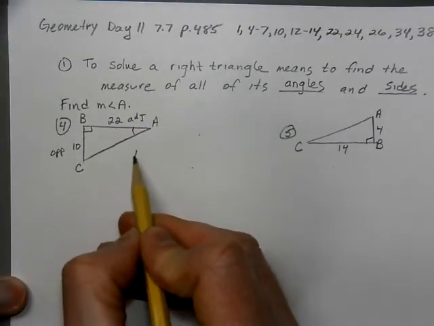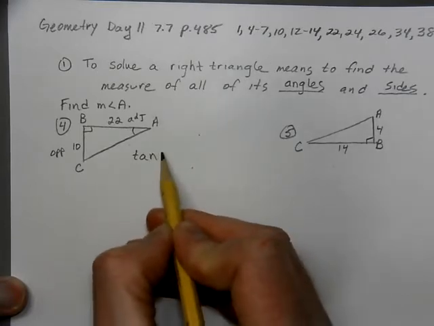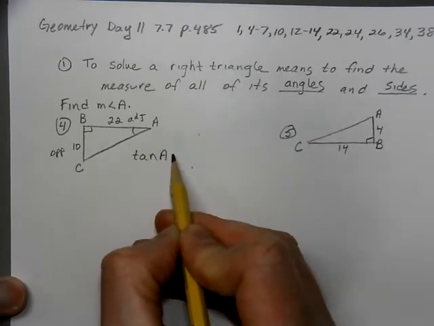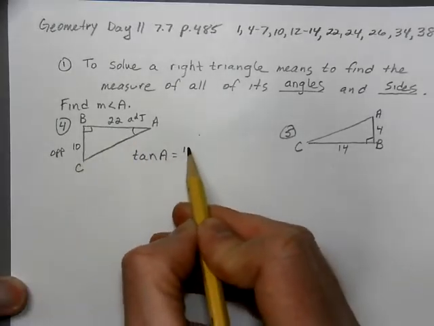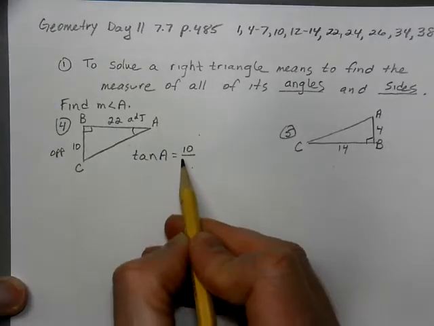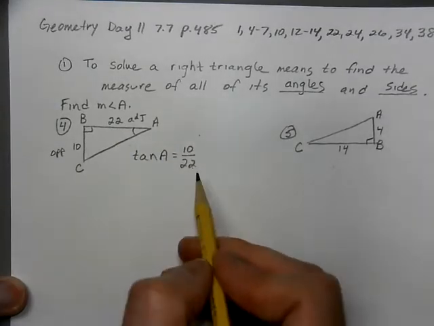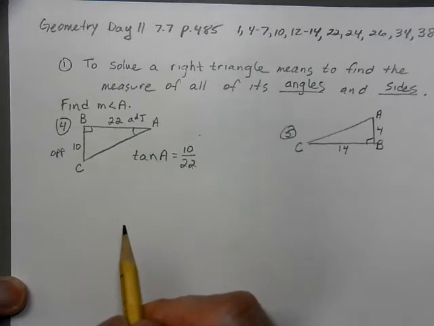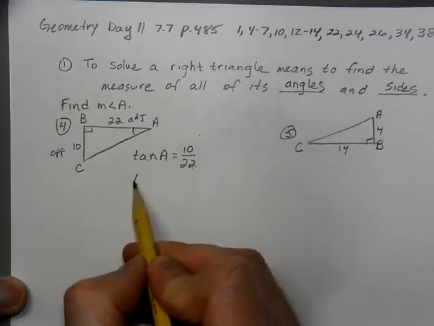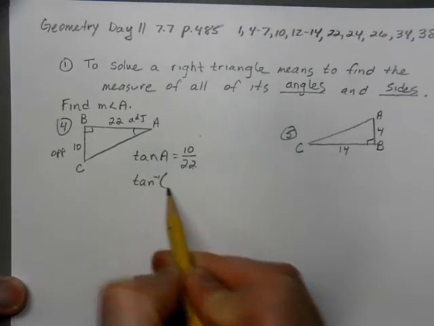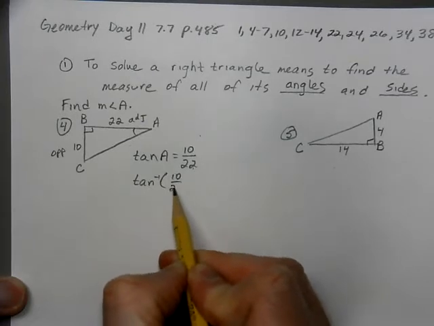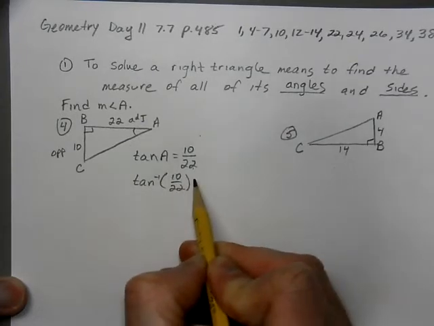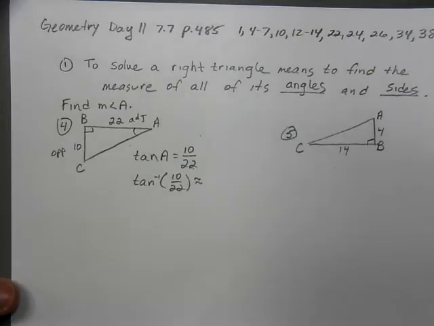So we're going to say that the tangent of A equals the opposite over the adjacent. Now we're going to solve for A. To solve for A, we need to use tangent inverse of 10 over 22, which is going to come out to an approximate value.